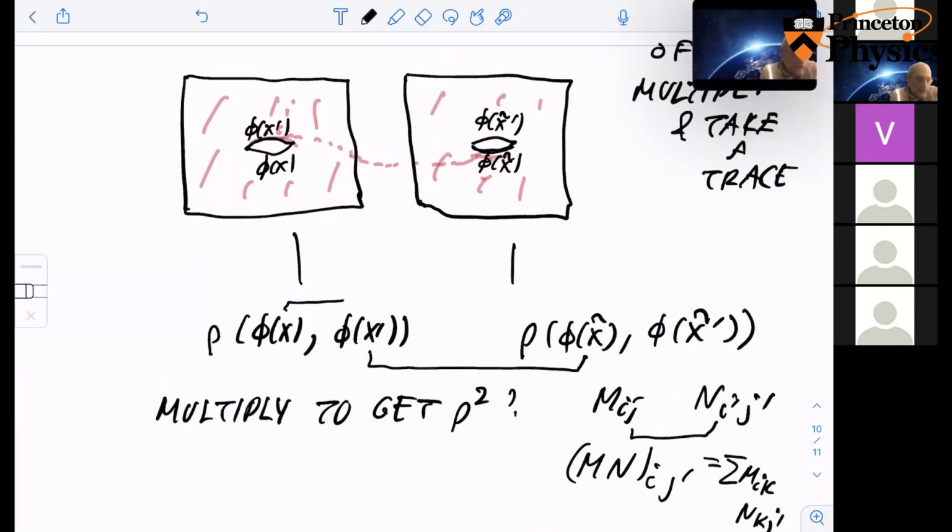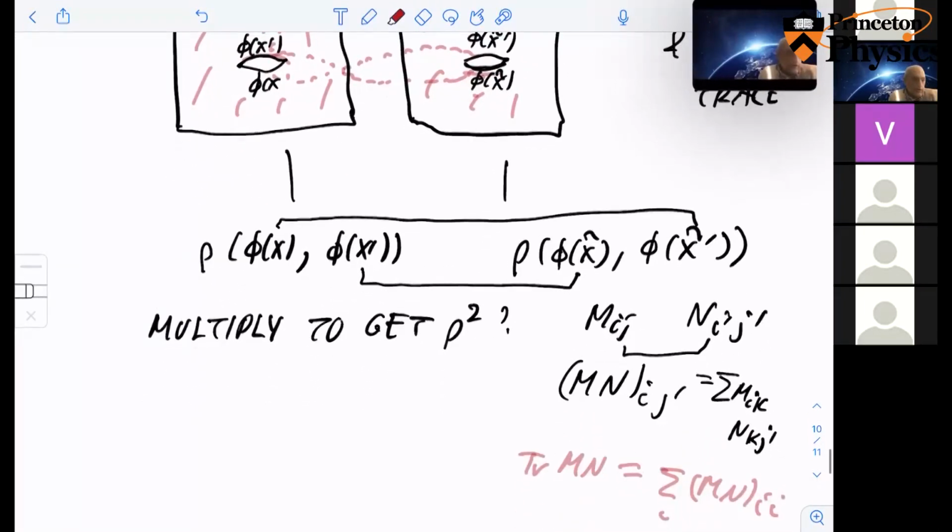And then to take the trace, we set this one equal to this one. So geometrically, that's accomplished by another gluing, which again, I have a little trouble drawing, but now we start here and glue it to the upper boundary there. So on one sheet above the cut is glued to the other sheet below the cut, and on the first sheet below the cut is glued to the second sheet above the cut.